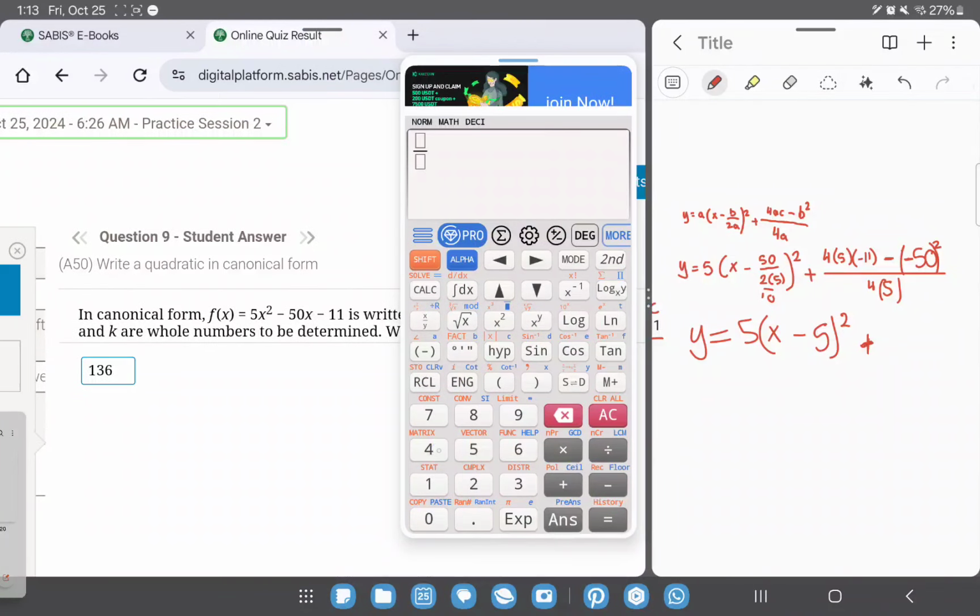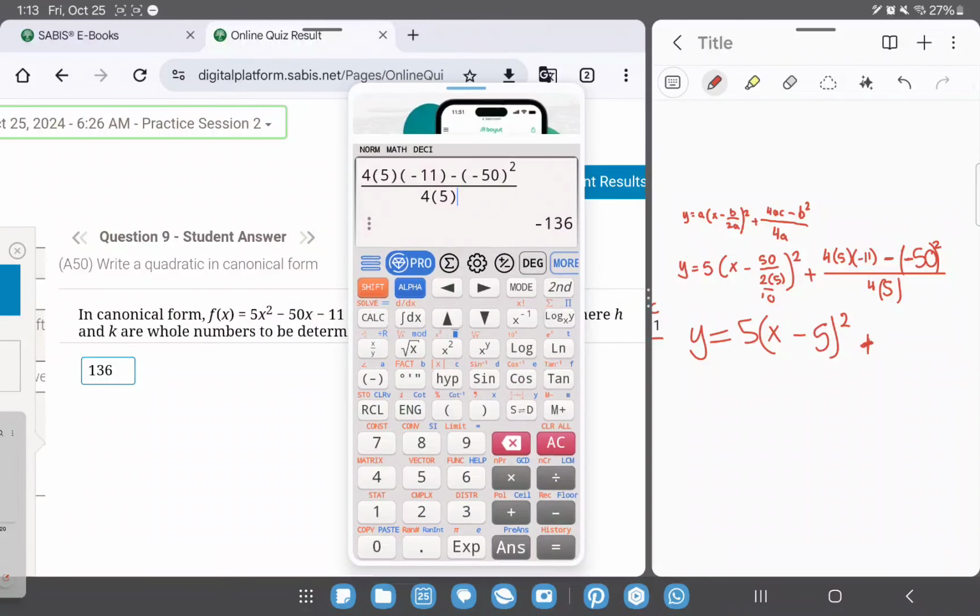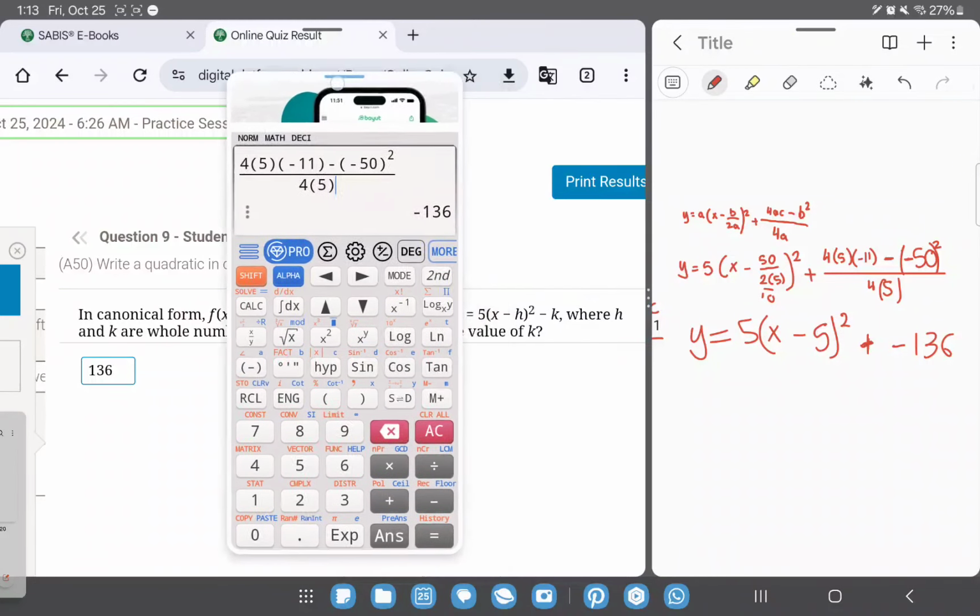So 4 into 5 into negative 11 minus negative 50 squared over 4 into 5 is negative 136.